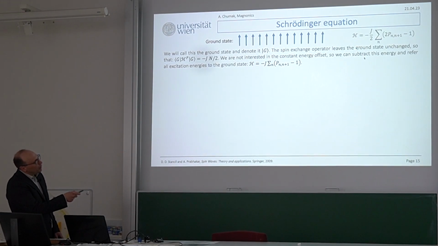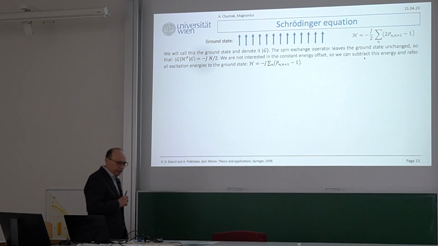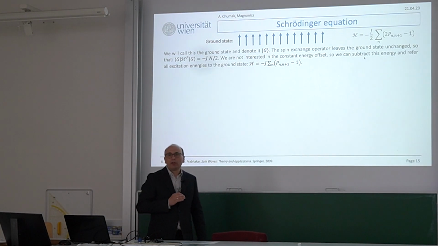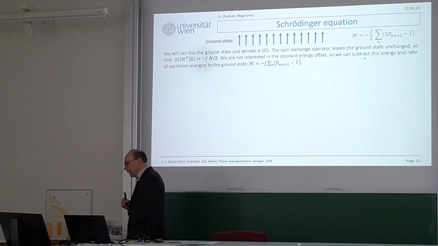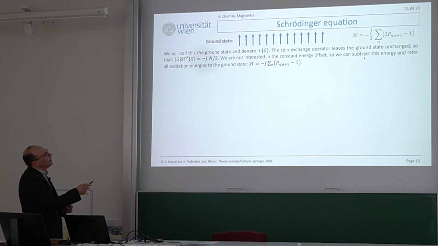But we are coming back to our Hamiltonian, written with this Pauli operator. And now let us define a ground state. G means smallest energy, our ground state. And of course, the ground state in this case means that all spins are parallel, so the energy is smallest.